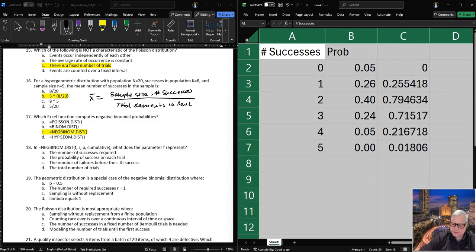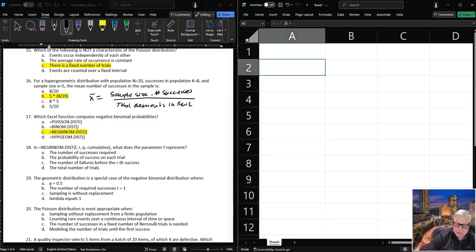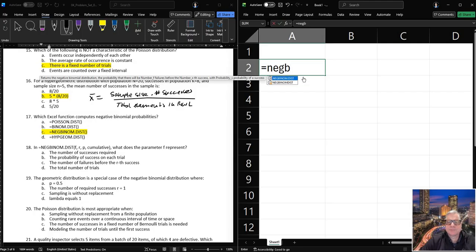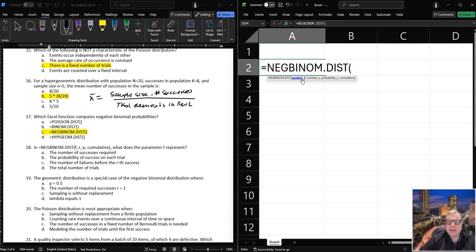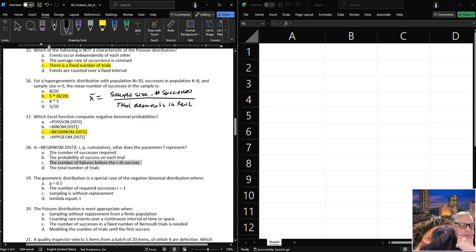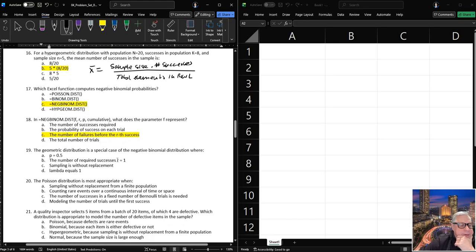We can delete this again. So NEGBINOM.DIST. You see number f. You can even click on it. Well, it's the number of failures. So the probability, the number of failures before the rth success, that's correct.